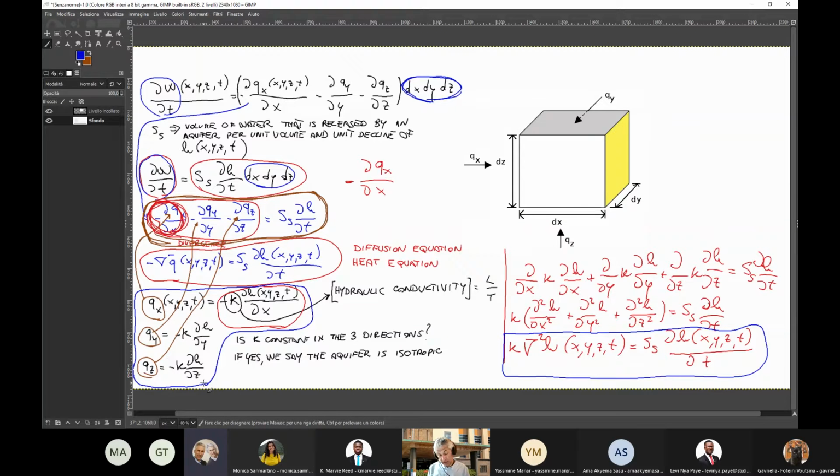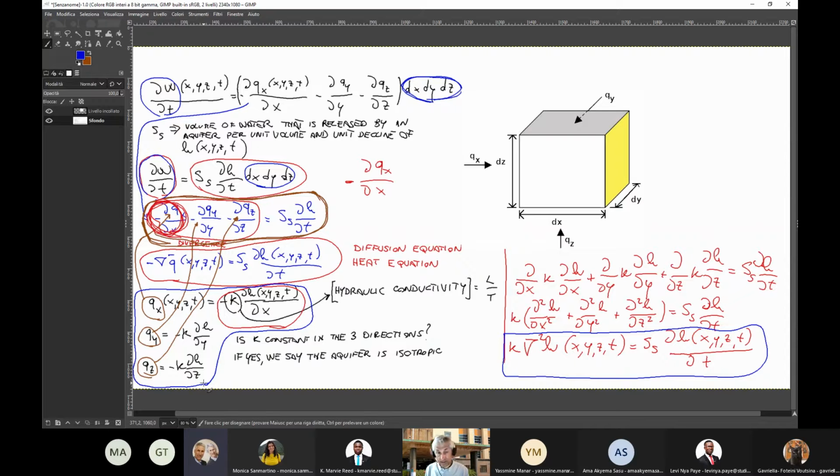Because you see, this equation describes the changes in space and time of H, and if only the changes are described, I need to know what happens at the boundaries in order to get a full description of the hydraulic head in its complexity.